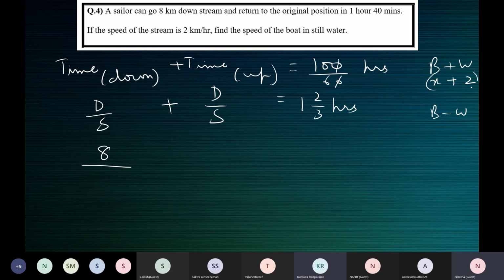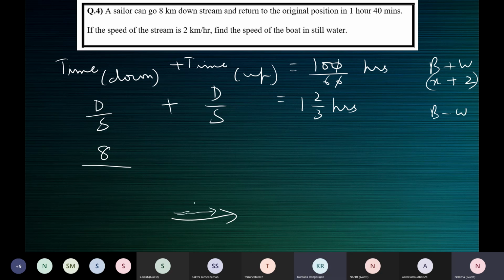So x plus 2 kilometers per hour is the speed downstream. Upstream is rowing the boat in the direction opposite to that of the flowing water. When you row your boat in the same direction as the flowing water, water flows in this direction, and you're also sailing in your boat in the same direction.